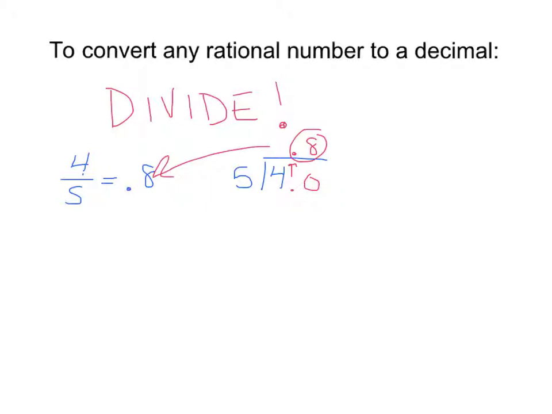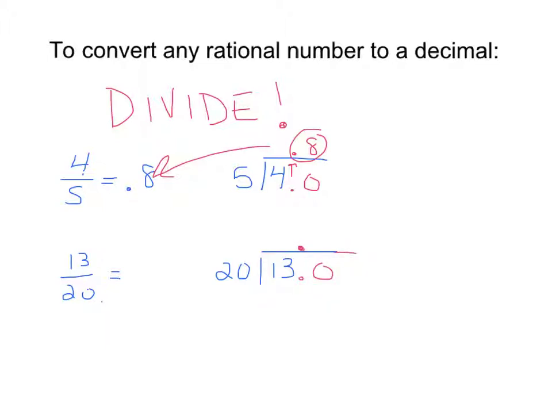Let's go a little bit more complicated. Let's say I wanted to know what the fraction, let's do 13/20 would be as a decimal. I'll take the 13 divided by 20. I have to add a decimal here.